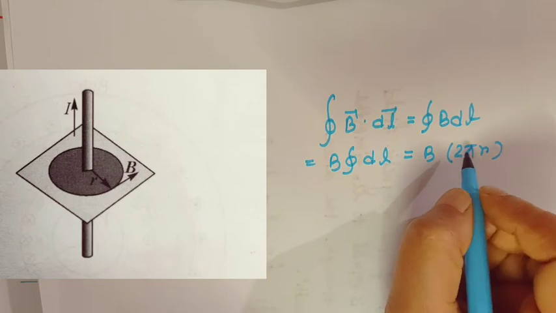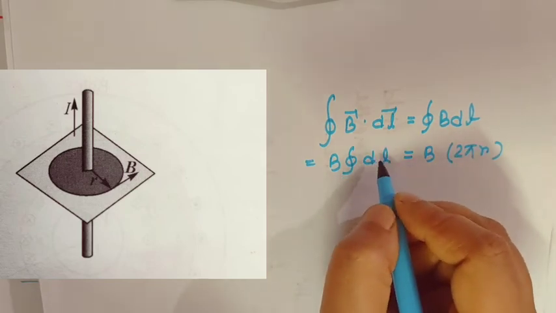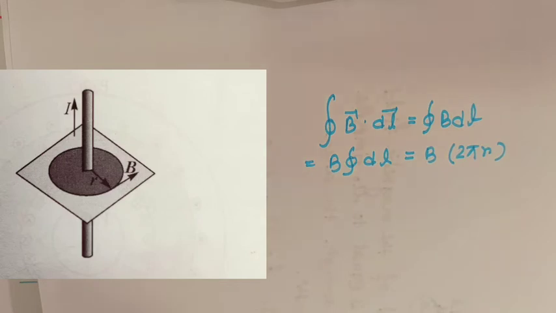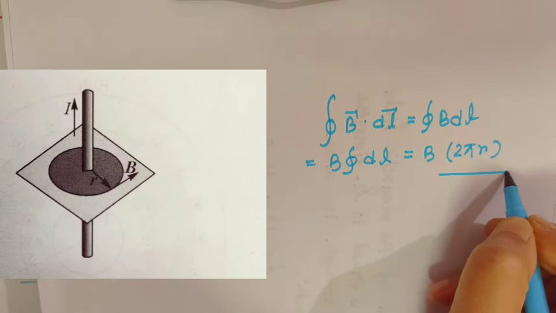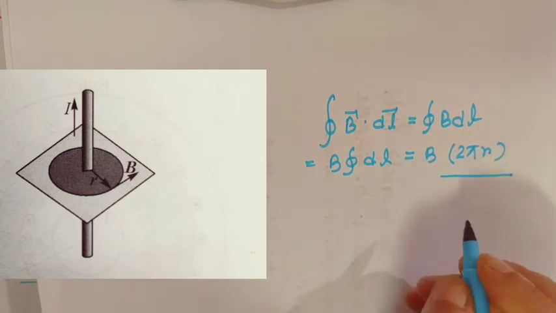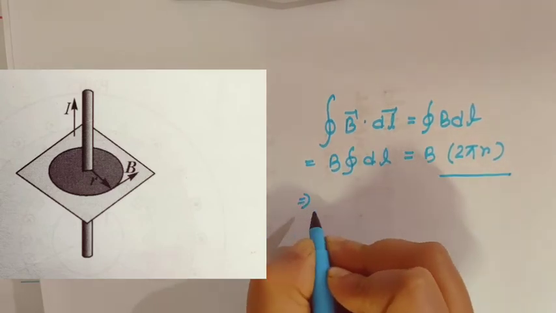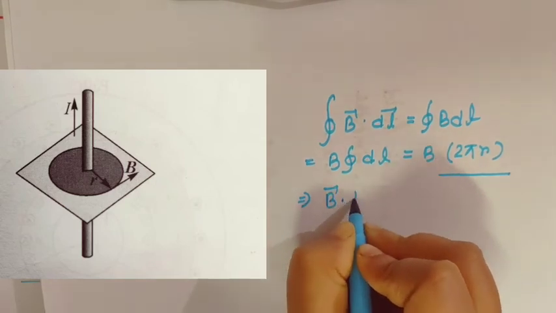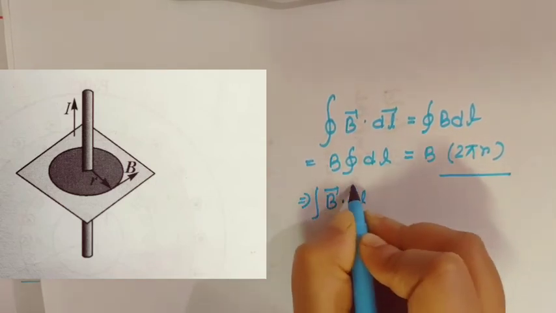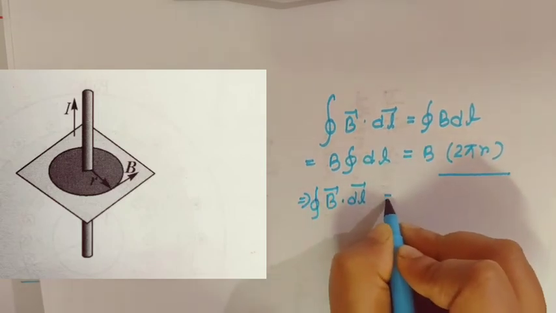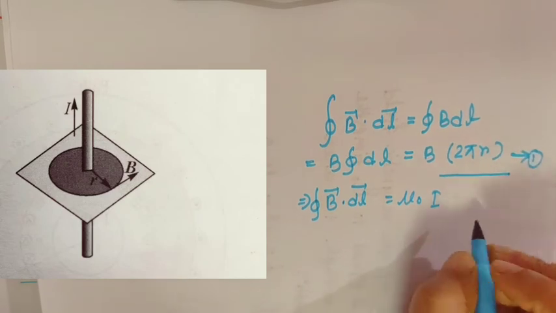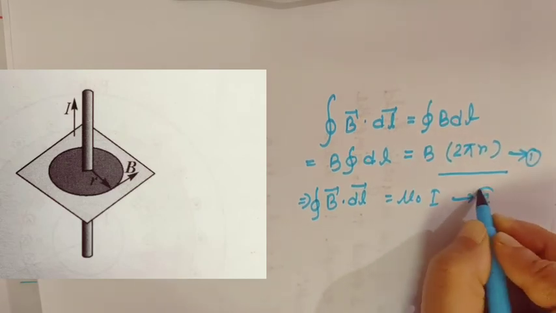Why 2 pi r? Because integration dl means, from this figure you can see, the perimeter of the circle is 2 pi r. That's why it's 2 pi r. Clear? Now in next line we can write, by Ampere's circuital law, what we know, closed integration B dot dl equals mu naught I. So give this equation number 1 and this equation number 2.